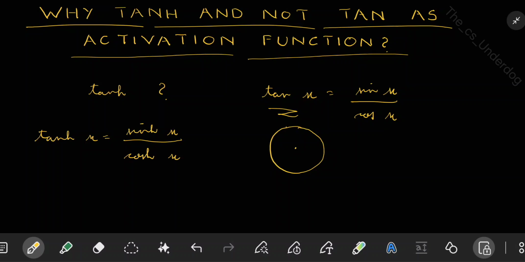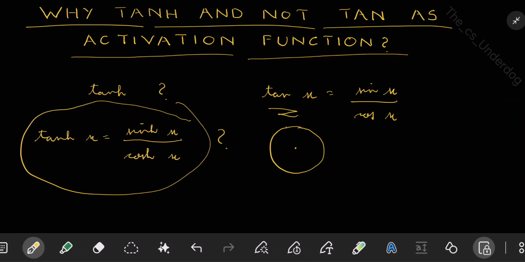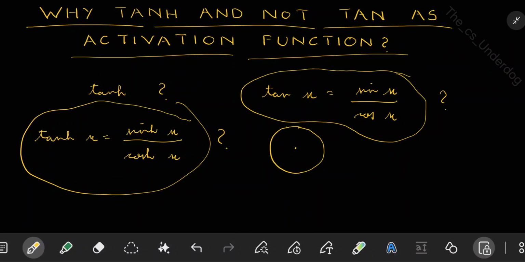The question is, why are we using this hyperbolic tangent as the activation function and why are we not considering the circular trigonometric tangent, that is the tan x function, as activation function? Why are we not considering this? This is the question.